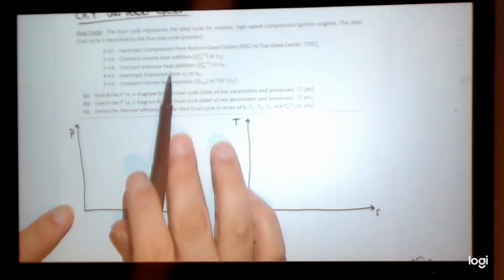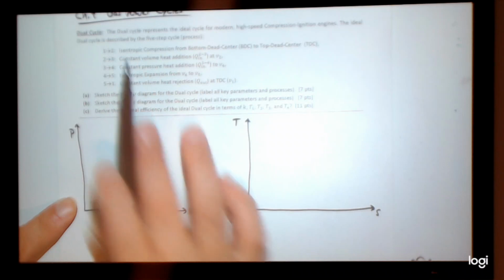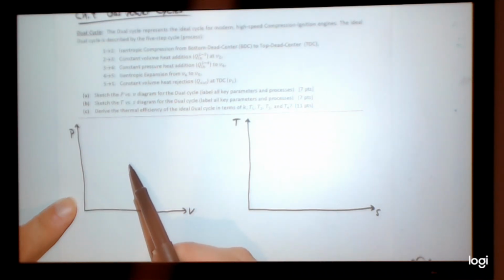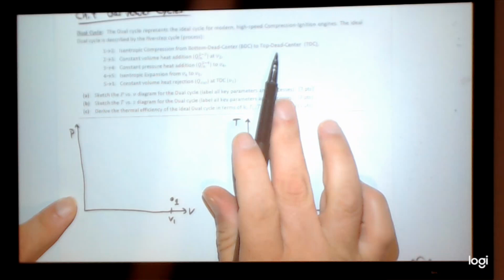So it turns out that when you do this one, the best thing to do is, I could start in the middle, and I know I'm doing compression, so I'm going this way. So let's start here, and then I don't have to draw 2 diagrams. Okay. So I'll say this is state 1, so I have a corresponding V1, and then I have isentropic compression.